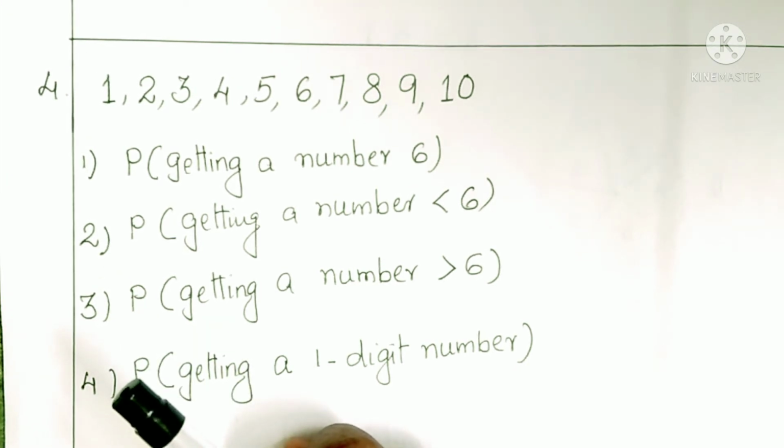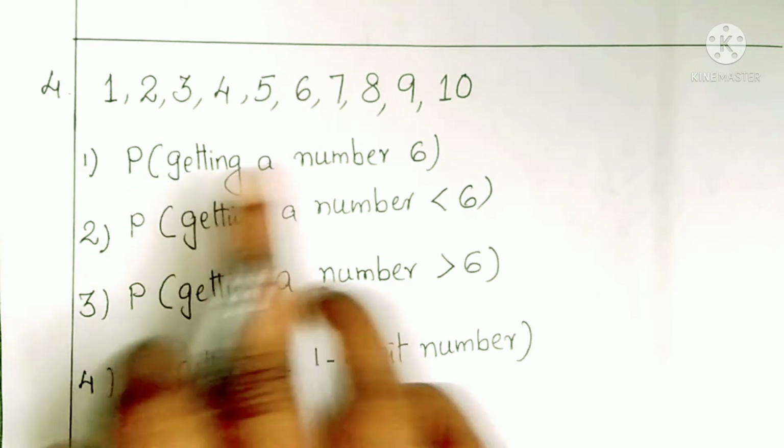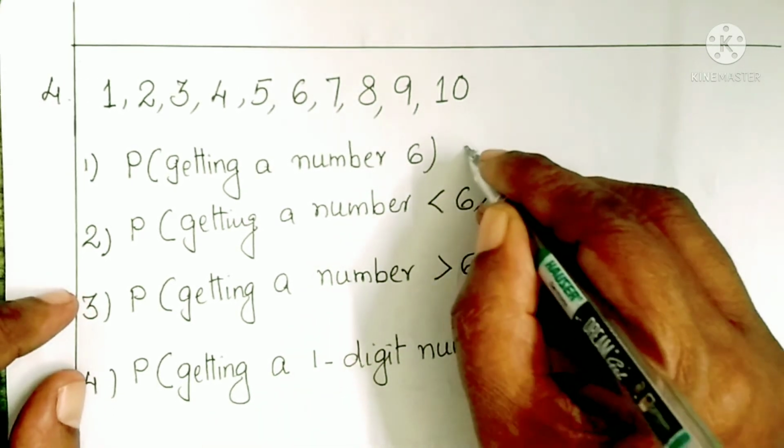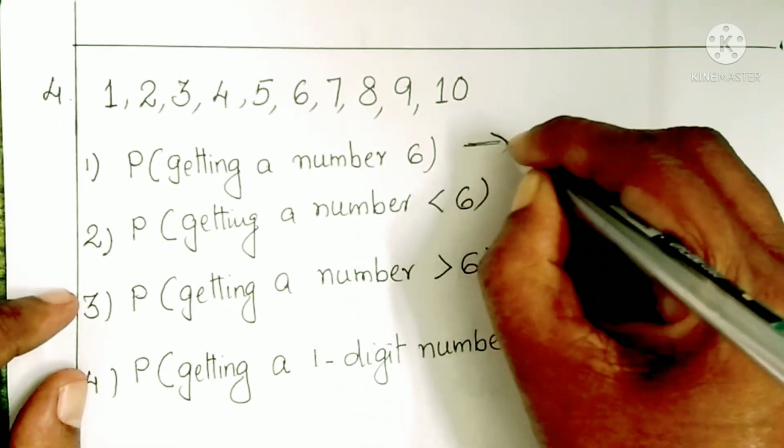One by one you are asked to choose one slip from the box. Now we have to find out the probability of getting a number 6. How many 6s are there in this?